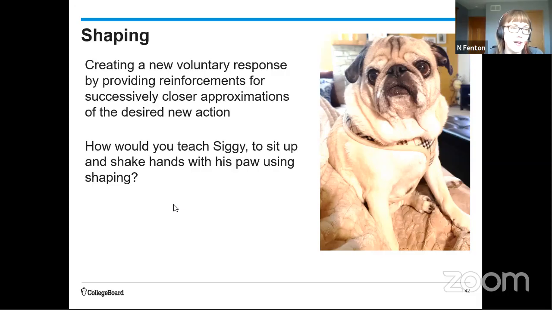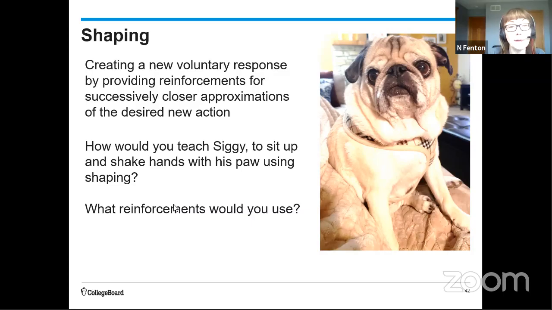So you want to reinforce in some way successively closer. So maybe at first, in order for him to do it, you have to pick up his paw. But eventually, you won't have to give him as much help, and he'll be able to do it on his own. So successively closer approximations until the correct behavior is displayed, and then you would only reinforce for the full correct behavior.